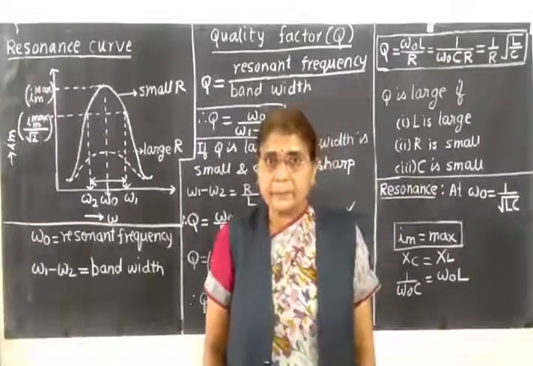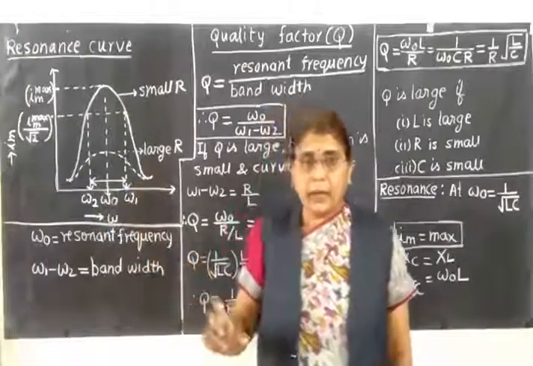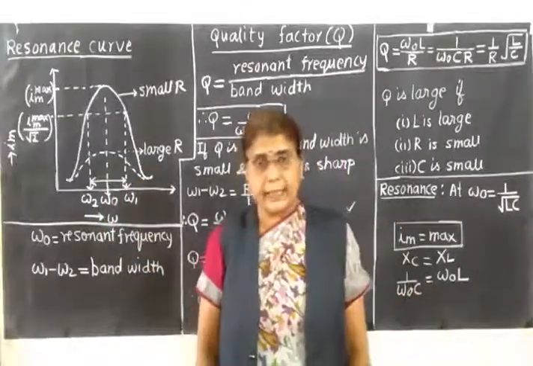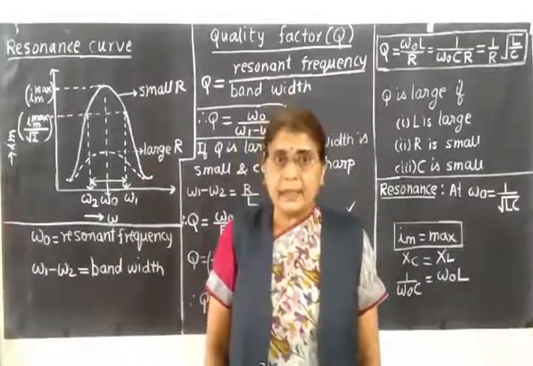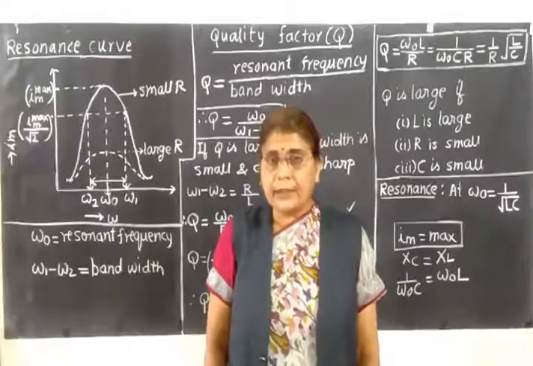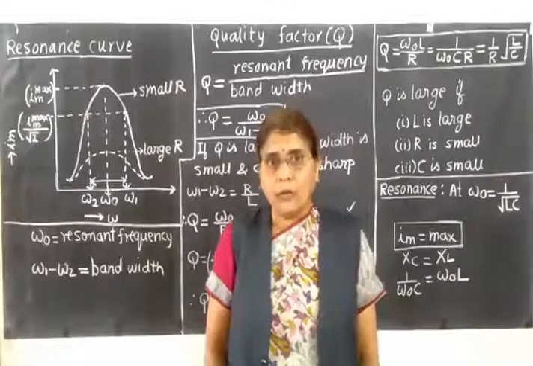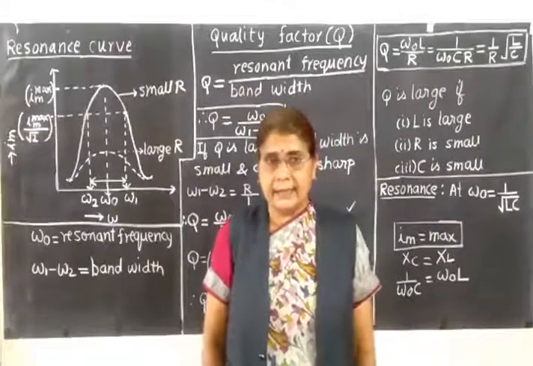For that, the resonant frequency of the tuning circuit is made equal to the frequency of that signal. Then resonance happens, the current amplitude will be maximum and that particular frequency is received in the receiver. So this is one very interesting use of the resonant LCR circuit.